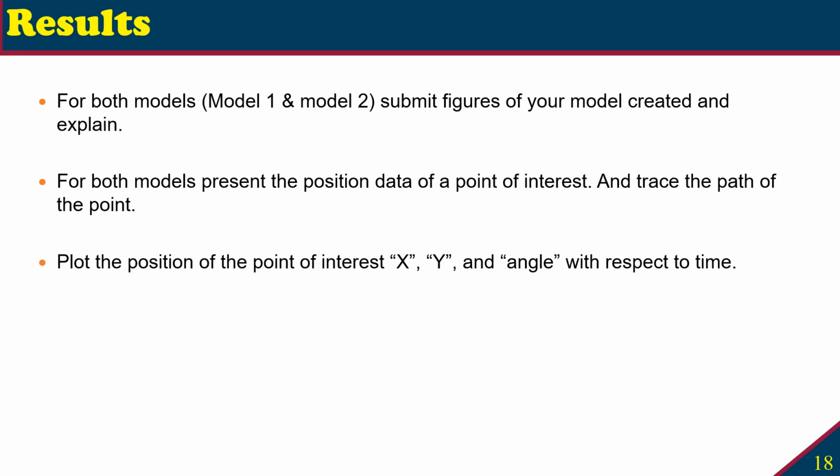So for both models, present the position data of a point of interest. This will be different for each person. Each of you will select a point of interest on the horizontal bar, or it could be on the vertical link of your own interest. So it will be different from person to person, and trace the path of that point.